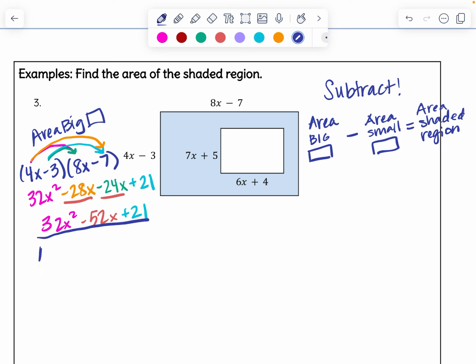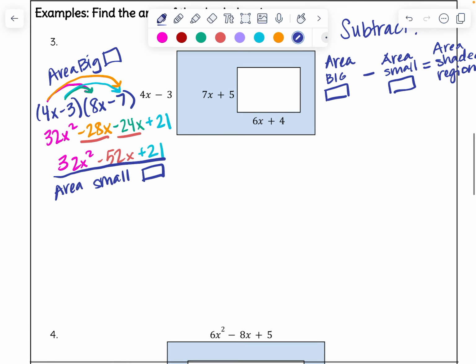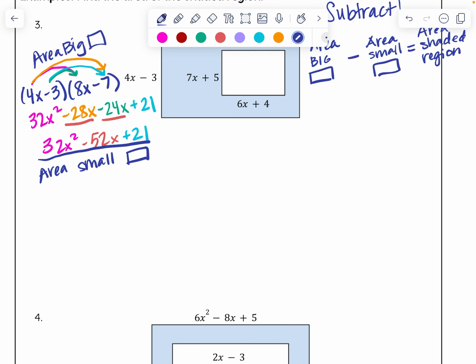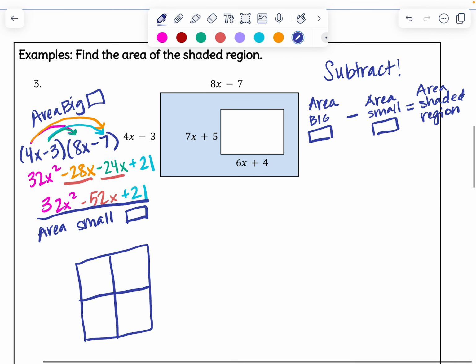Now let's find the area of the small rectangle. And I'll use the box method for this one. So for the smaller rectangle, we have 7x plus 5 times 6x plus 4.